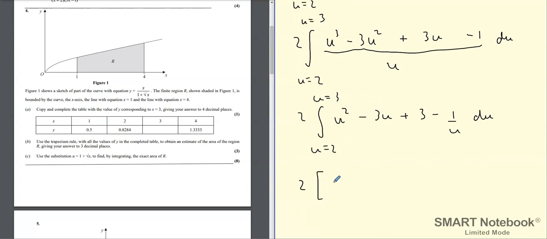And we can now integrate. So we get u cubed over 3 minus 3 over 2 u squared plus 3u minus ln u, and your limits are 3 and 2.